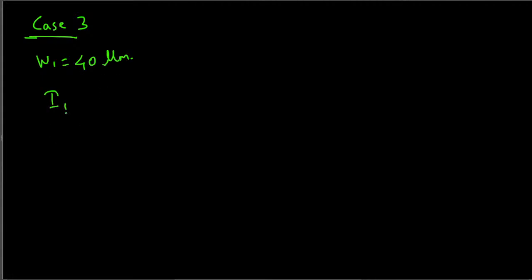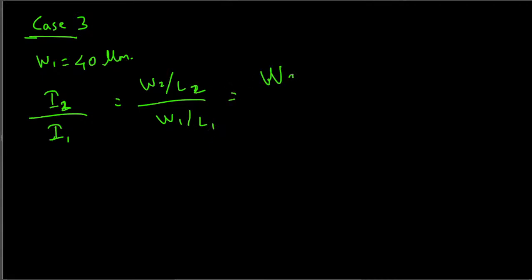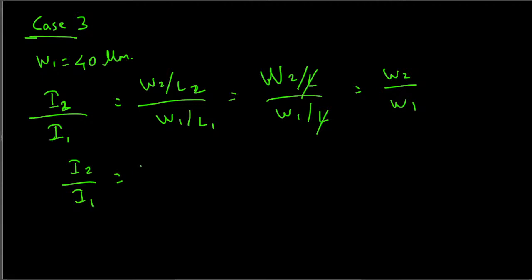So I2 over I1 becomes W2 over L2 divided by W1 over L1, and since the lengths are equal, L cancels, so we end up getting W2 over W1, and this forms I2 is equal to I1 times W2 over W1.